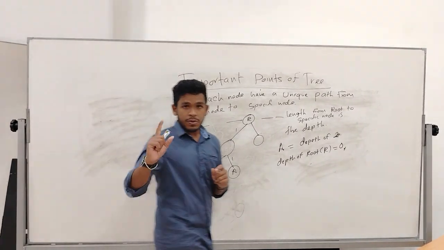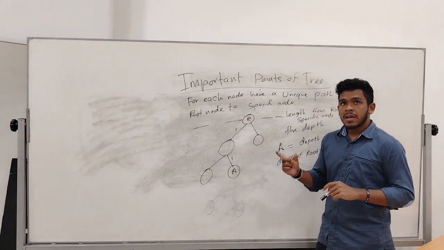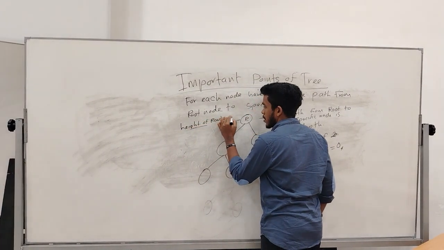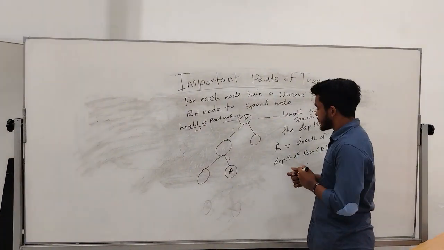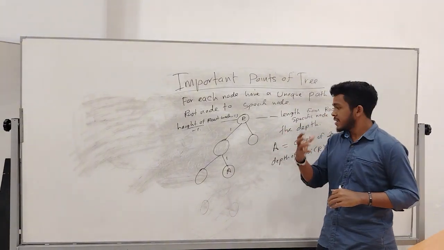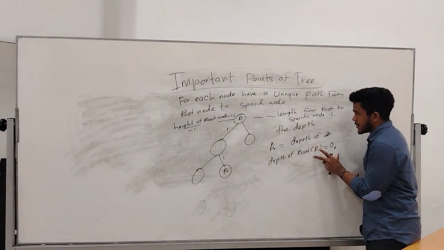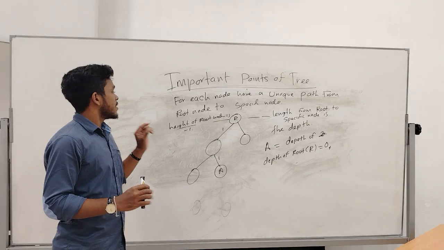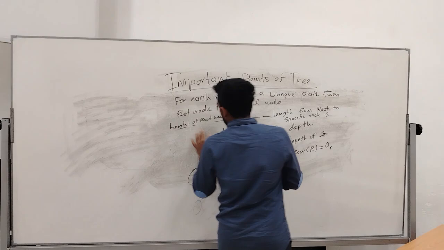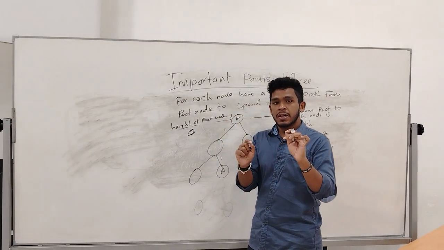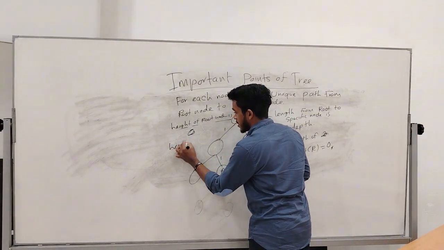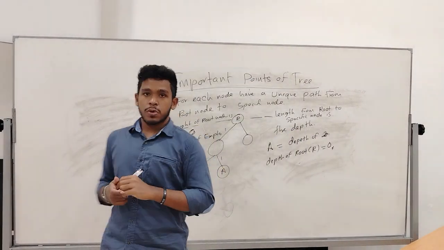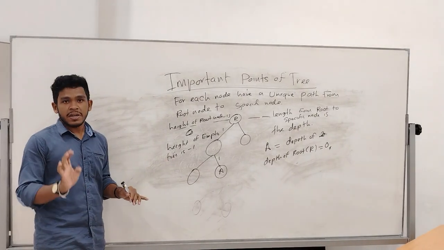The height of a tree with only a root node is 0, and the height of an empty tree is minus 1.